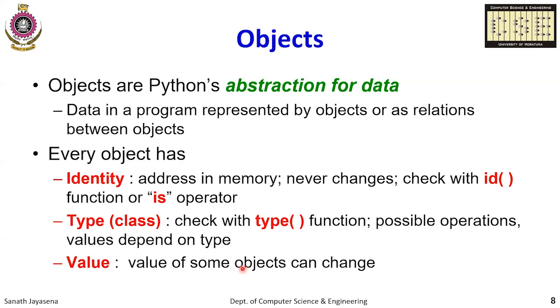And obviously, every object has a value. For example, if I have an integer 5, we can say that's an integer object whose value is 5. Or a string object whose value is monotool.